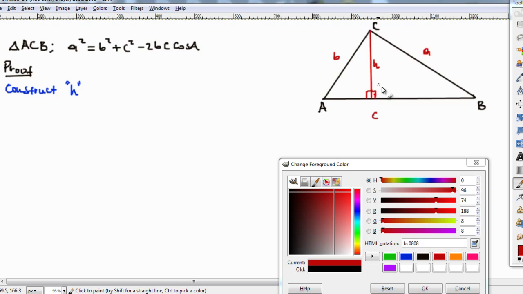And then if you form those two 90 degree angles, you get a right angle triangle here and a right angle triangle here. Those are the two right angle triangles.